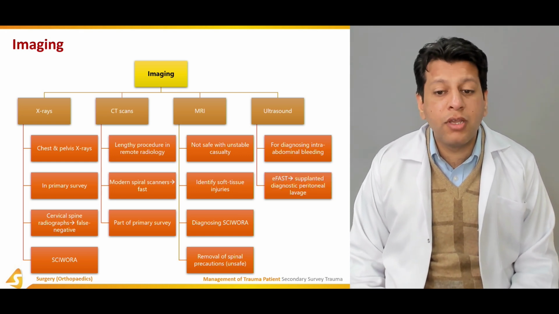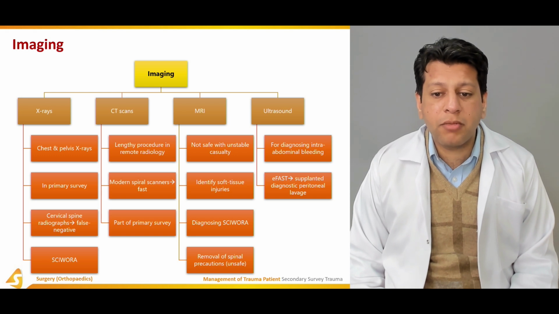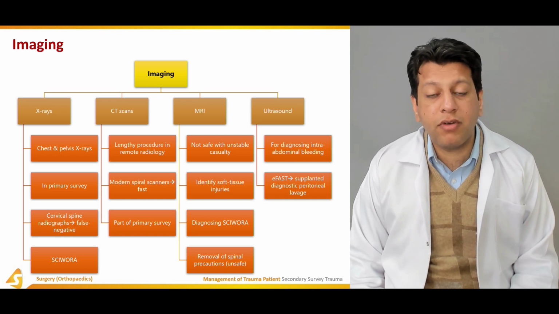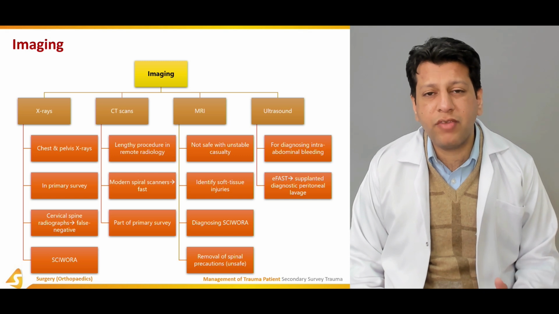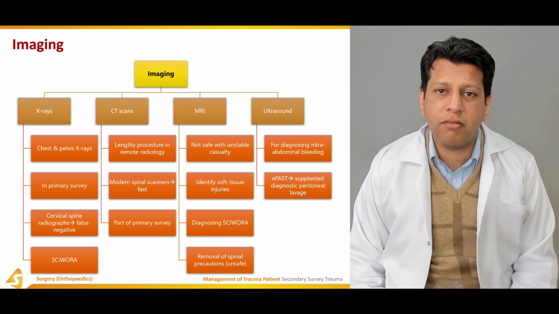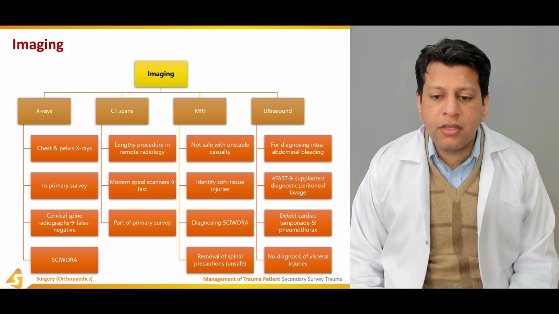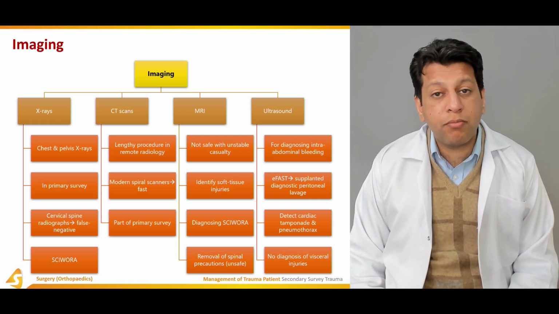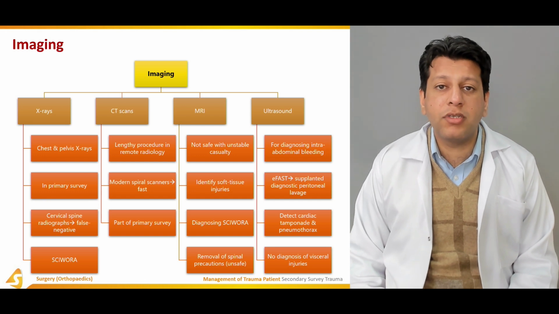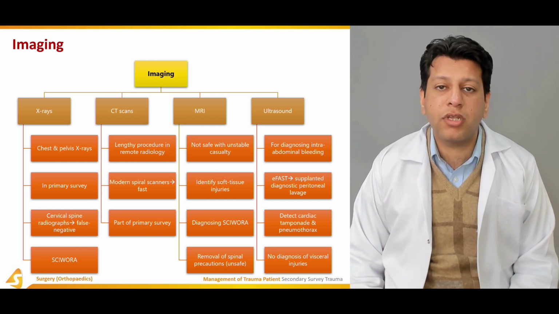As I told you, EFAST has supplanted diagnostic peritoneal lavage. Previously DPL, diagnostic peritoneal lavage, was used, but now it is mainly replaced by FAST scan. It's important to look for peritoneal bleed and visceral injuries, which can be diagnosed by use of ultrasound.